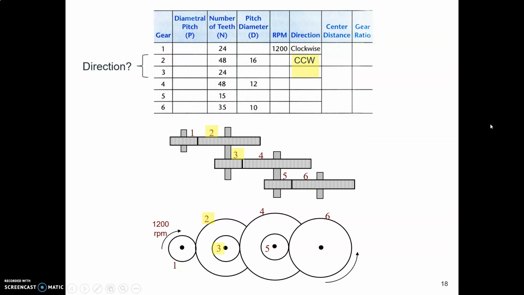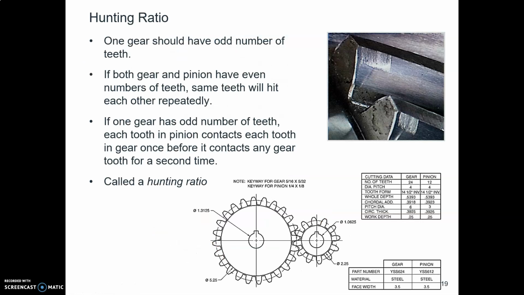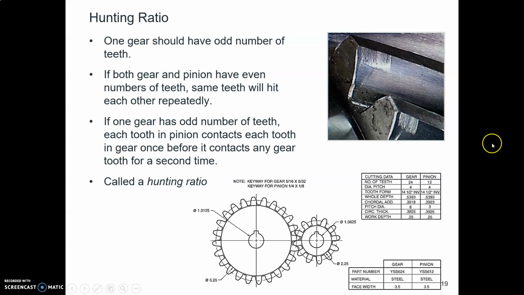I want to say one more interesting thing about gears. This is not on the quiz, but you might like to know this. If a gear is turning at a normal gear speed, it's going around hundreds of times every minute. So these teeth are hitting many times a minute.